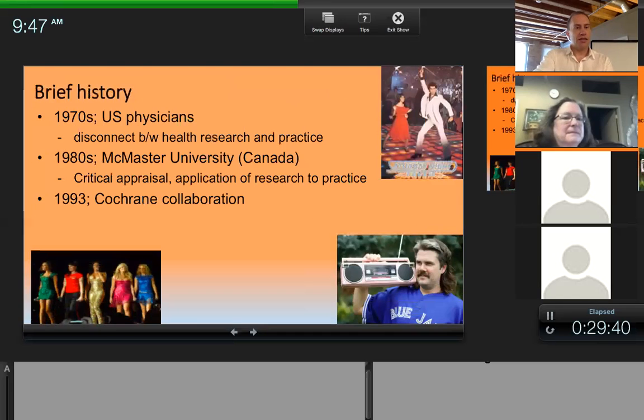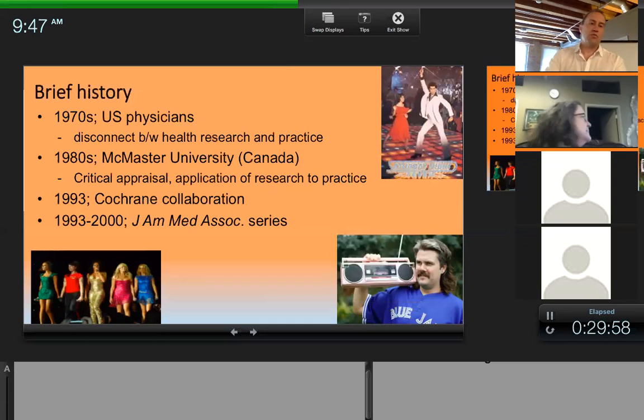In the 90s in the UK, which looked like this, the Cochrane Collaboration came about, and that was really about trying to consolidate information into a form which was accessible for use in practice. Also during this time, the large medical associations decided, okay, this is a way that we want to go, and so they start to get on board with this idea. And they published a series of papers, and so that's a brief timeline of how this developed.